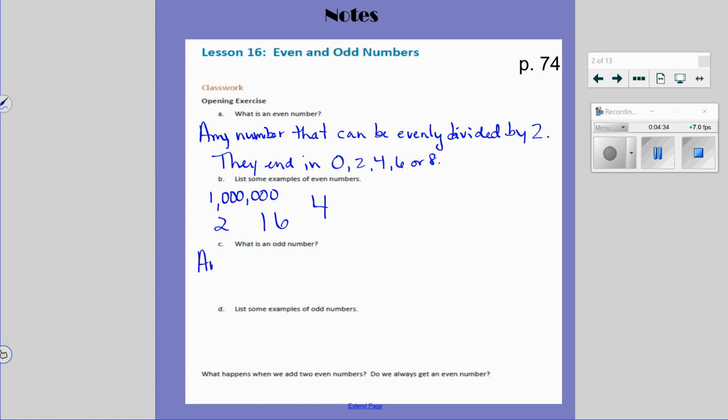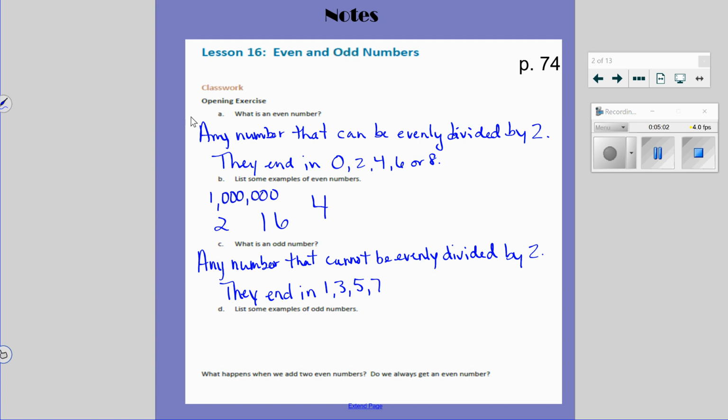So any number that cannot be evenly divided by 2. Now there's another commonality in these numbers. They all end in what numbers? Good. 1, 3, 5, 7, and 9. So these are our odd numbers.